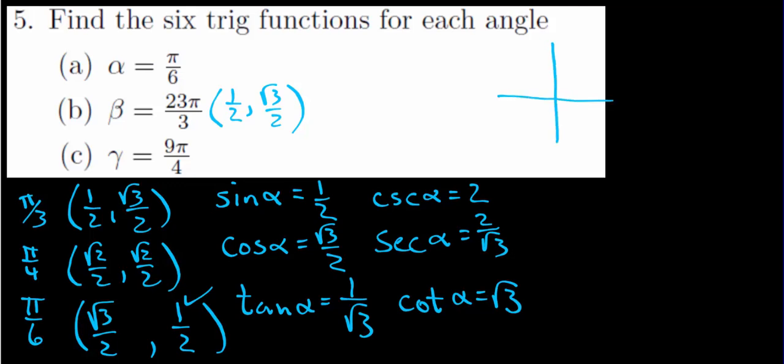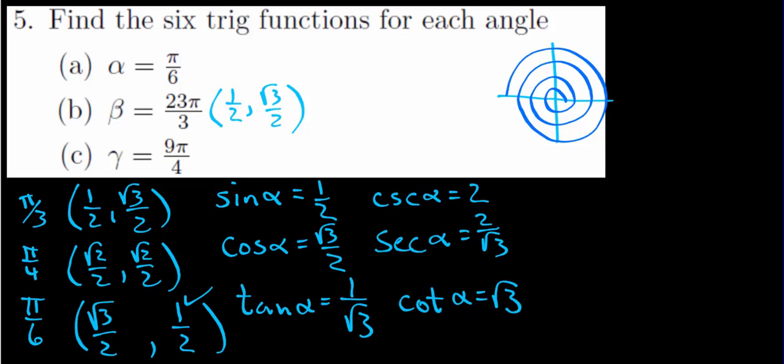Now remember, what I showed you was divide the denominator into the numerator. Now 3 will go into 23 7 times, and then there is a remainder of 2. So let's look at this. We go 1, 2, 3, 4, 5, 6, 7.